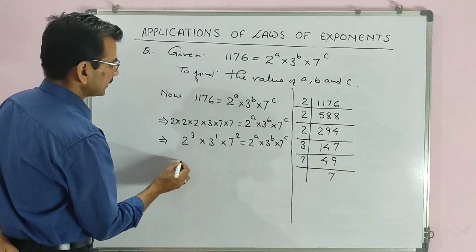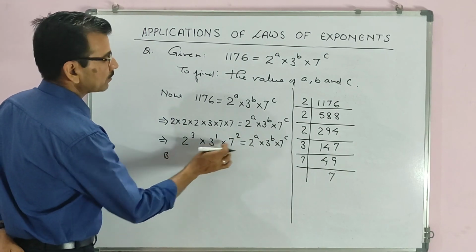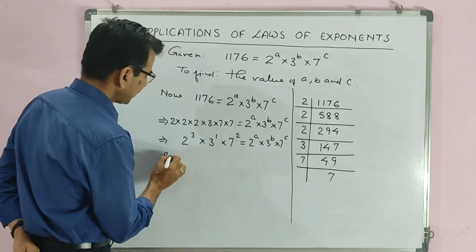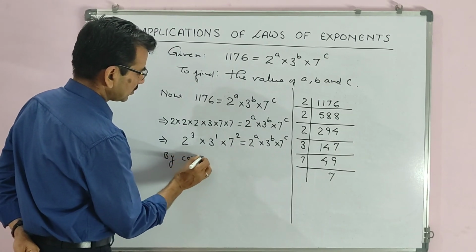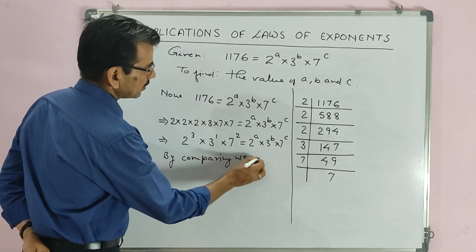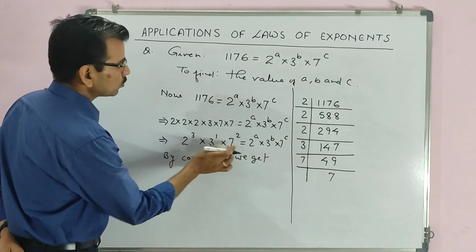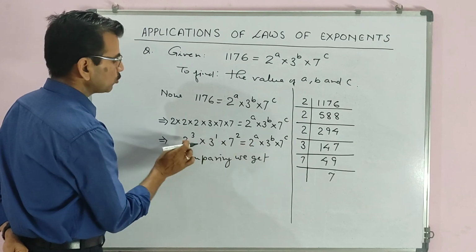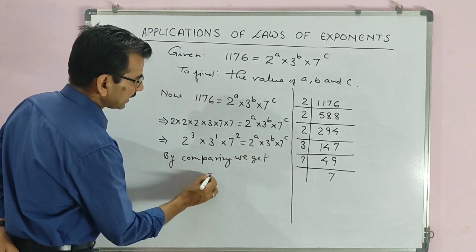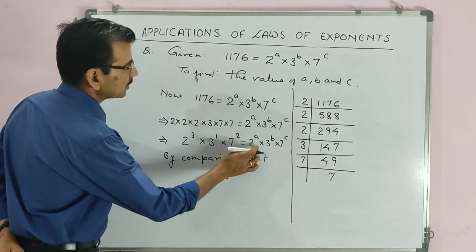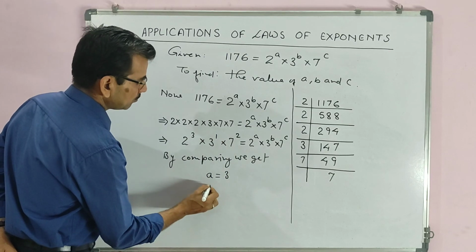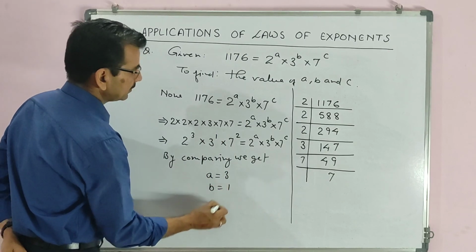Now we compare both sides, as I told you earlier. By comparing, we get here 2 raised to power a and 2 raised to power 3, so we get a is equal to 3. Now compare the power of 3, so b is equal to 1.